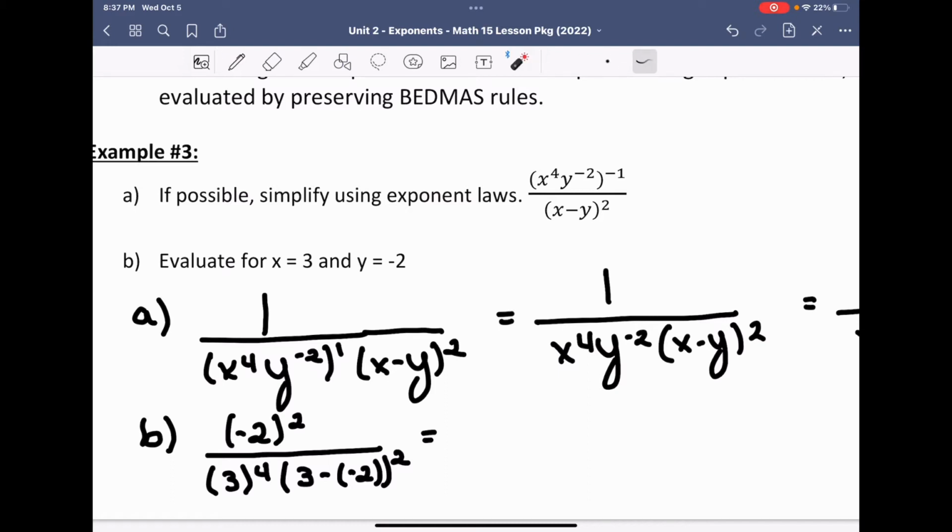Well, if I have a negative raised to an even exponent, this is actually going to become positive, and I'll be left with 2 squared, which is equal to 4.